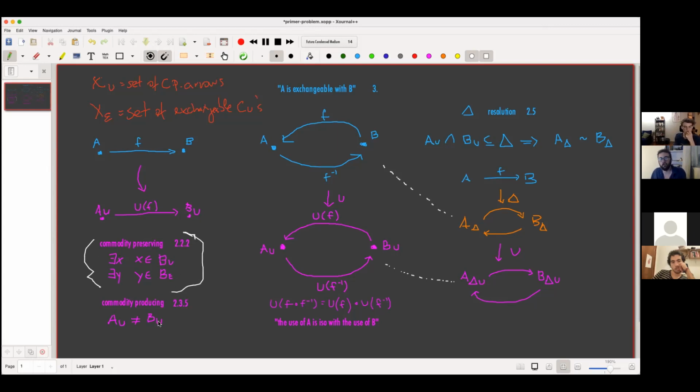But commodity producing is when we first add in a new idea. We say there are some uses in A that are not in B, or vice versa. They're not the same, meaning you produce something from the starting point. And I think here maybe we didn't add enough.